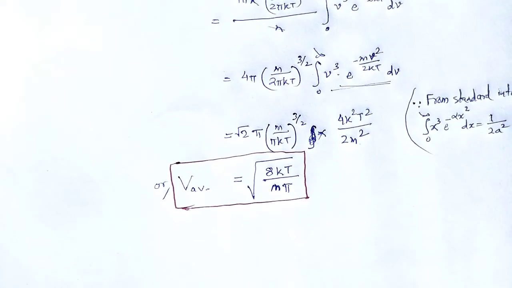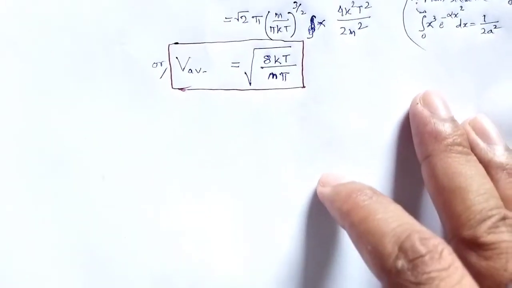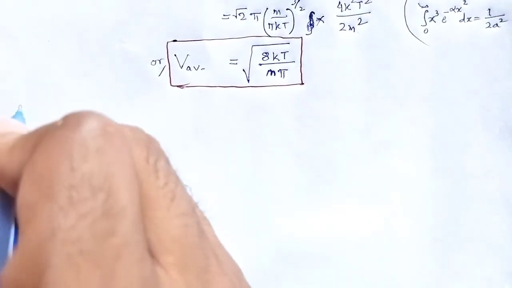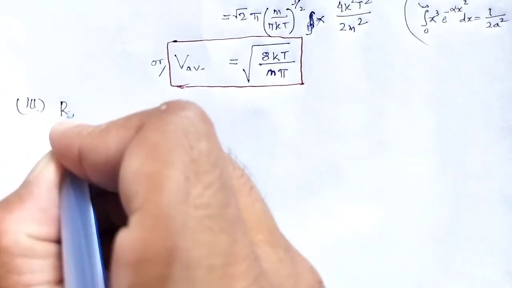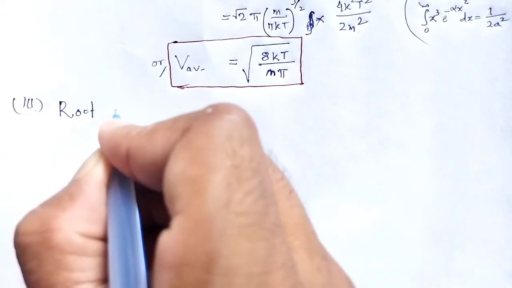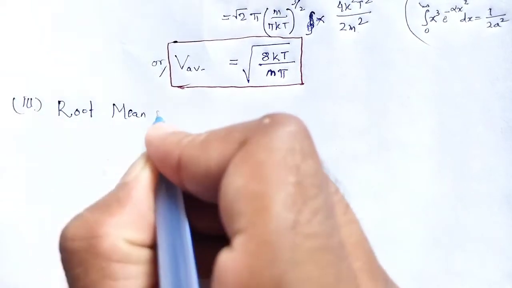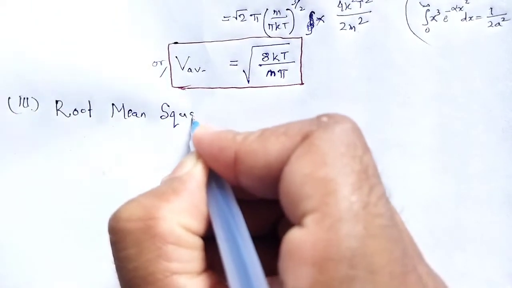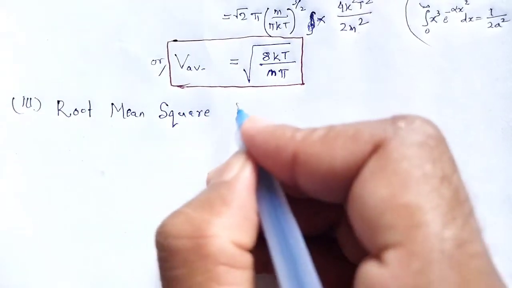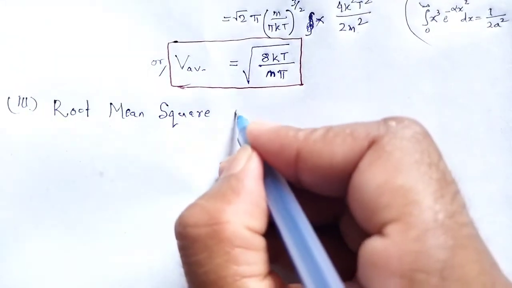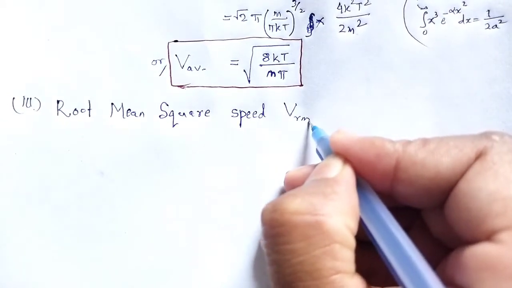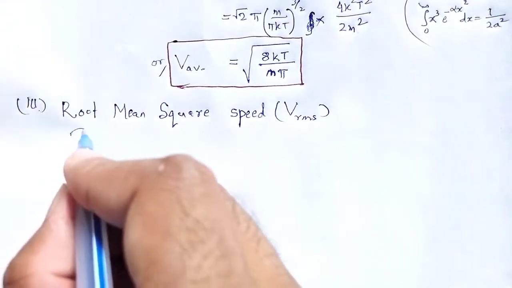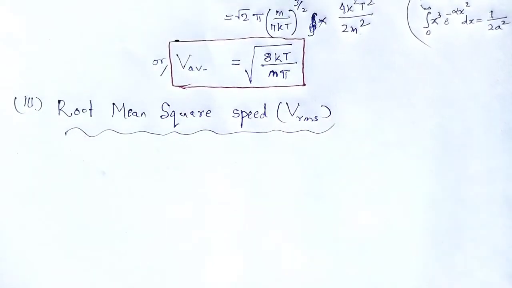Last one, the third one, that is root mean square speed, v RMS, root mean square velocity.